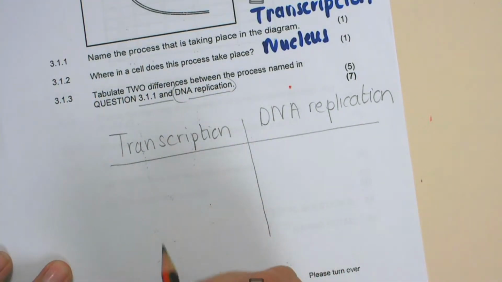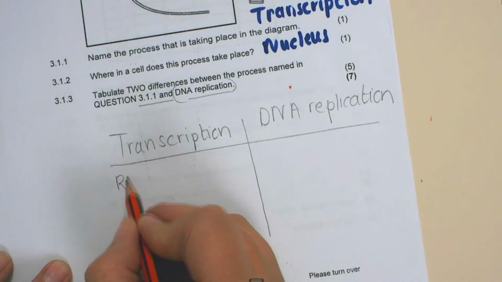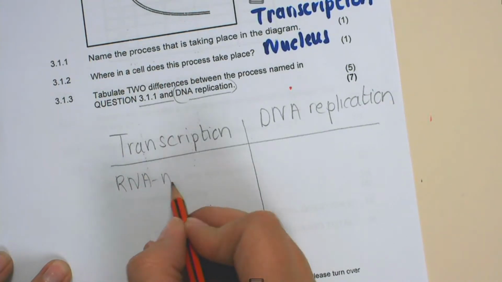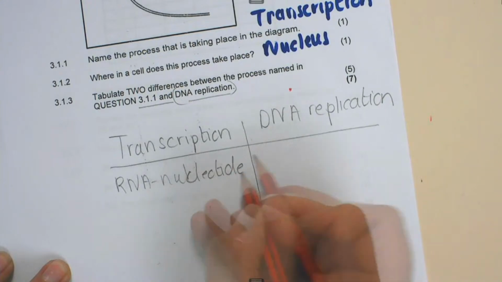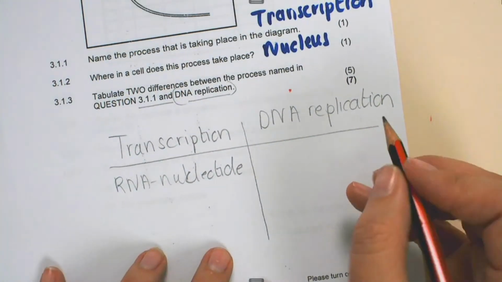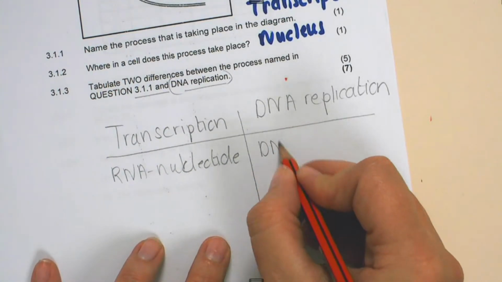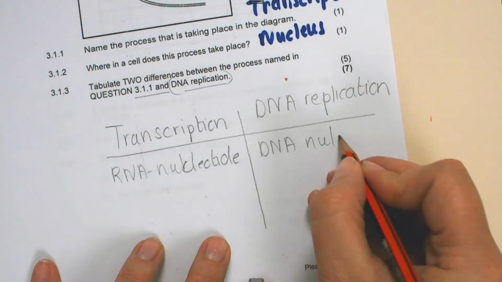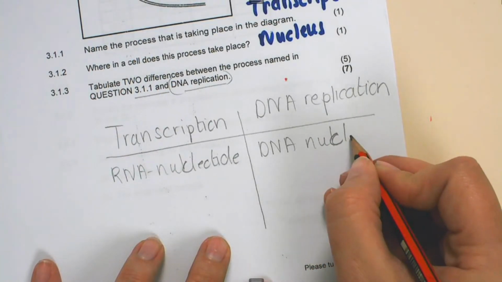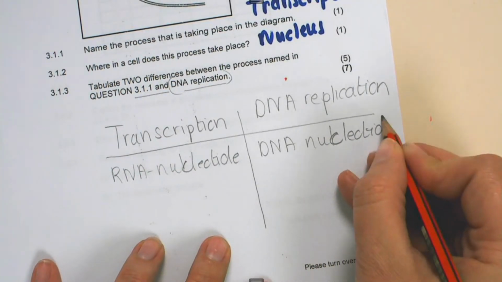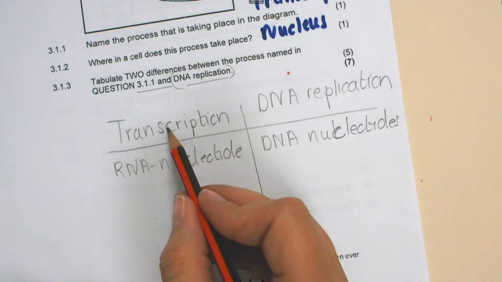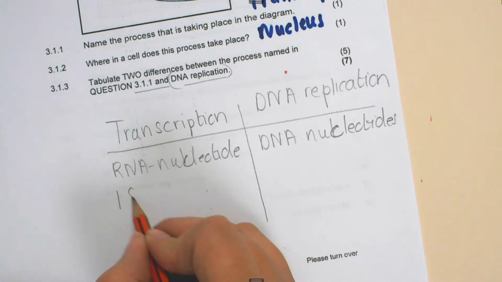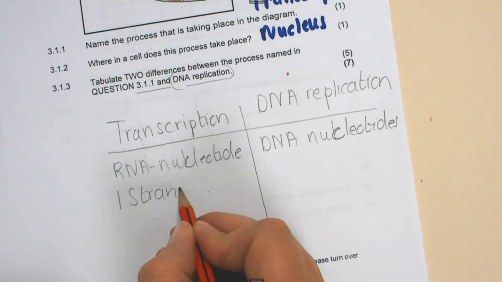Transcription will use RNA nucleotides, and DNA replication will use DNA nucleotides. Transcription will use only 1 strand as a template.